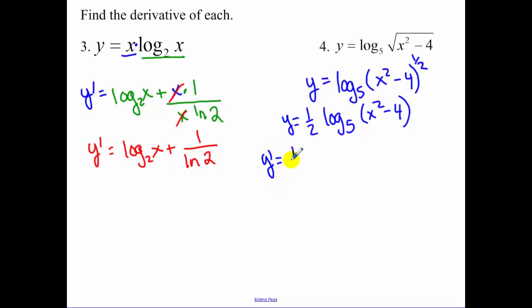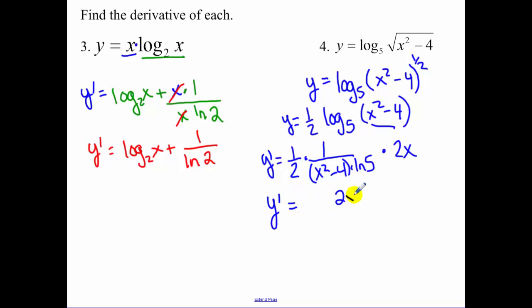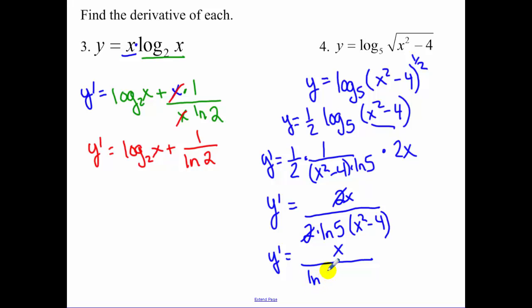So y prime is equal to 1/2 times 1 over x squared minus 4, whatever was inside our logarithm, times the ln of 5, times the derivative of the inside piece, which is 2x. Making it look a little nicer, we have 2x over 2 times the ln of 5 times x squared minus 4. A simplification we can do is cancel out the 2's, so that gets us x over ln of 5 times x squared minus 4.